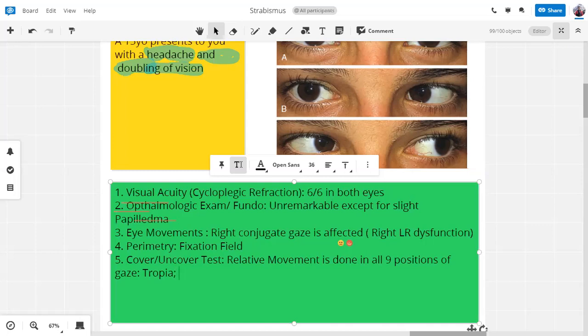Another reason for doing is relative movement कितना है जो आई जिसमें प्रॉब्लम है with the fixing eye? Yes, that relative movement is wrong. Now, उस relative movement को when we talk about non-comitant squint, we discuss that relative movement as primary deviation and secondary deviation.